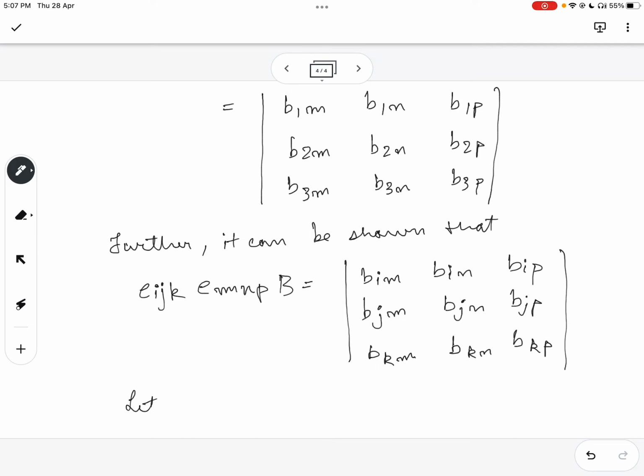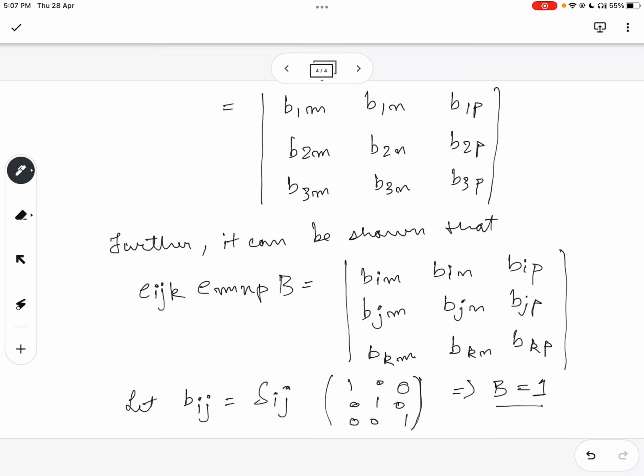Let Bij be our Kronecker delta, delta ij. Then the determinant, in terms of matrix, can be written as the identity matrix, whose determinant, that is B, is 1. The determinant of the Kronecker delta written as a matrix is 1.